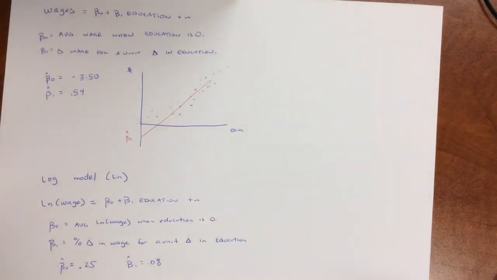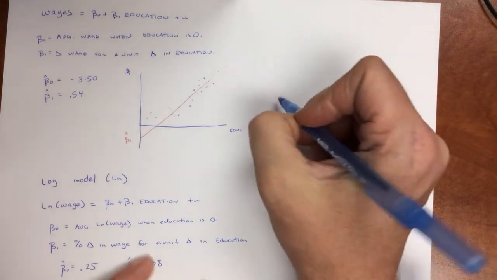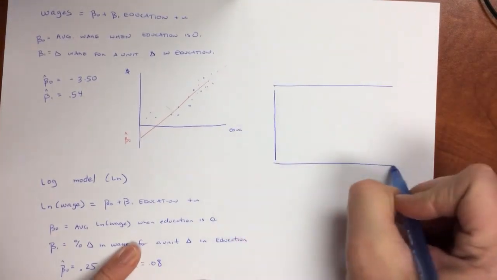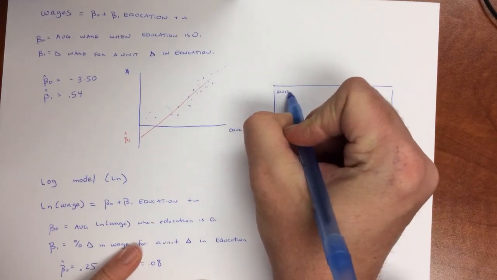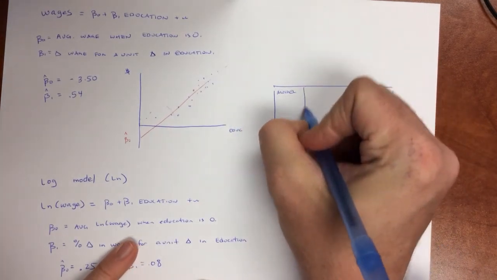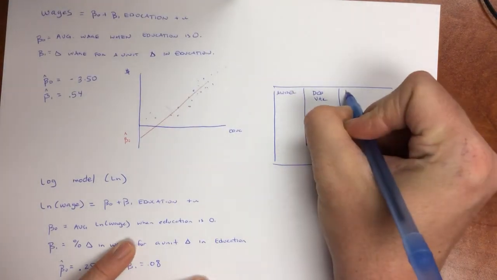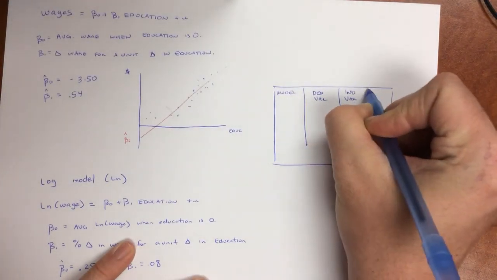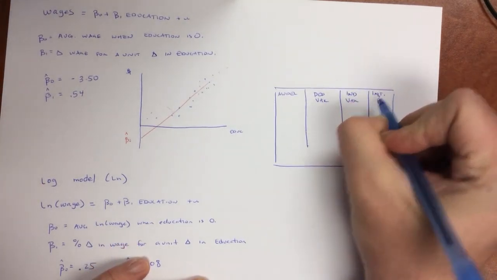Now, one thing to note is that on page 18 of the notes, it sets up the different models we have. There's a box here on page 18 of the notes that has our model, our dependent variable, our independent variable, and the interpretation of beta 1 hat.